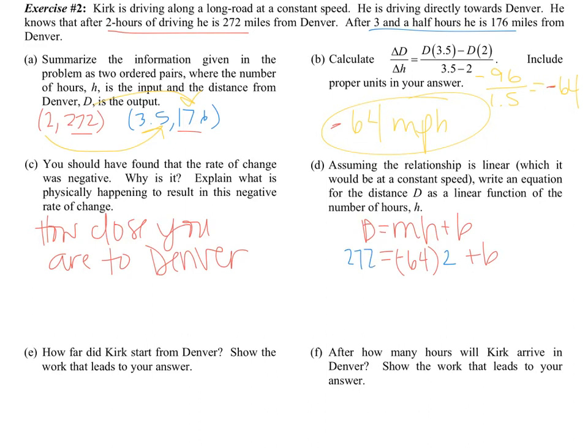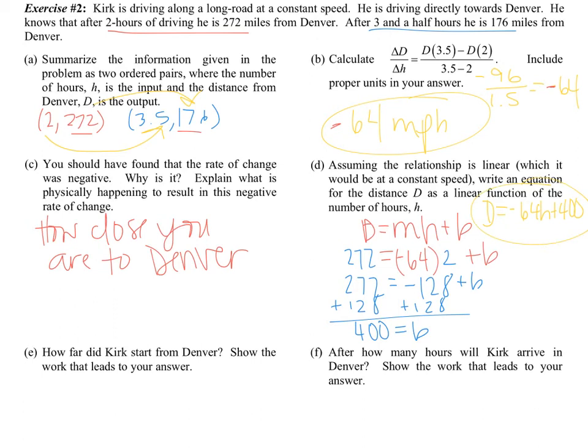So negative 64 times 2 is negative 128. So 272 equals negative 128 plus b. So we're adding 128 to both sides. So 400 is b. This means that they started 400 miles away from Denver. So our equation is d equals negative 64h plus 400.